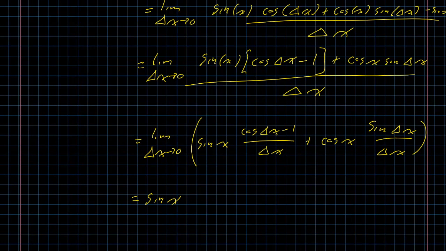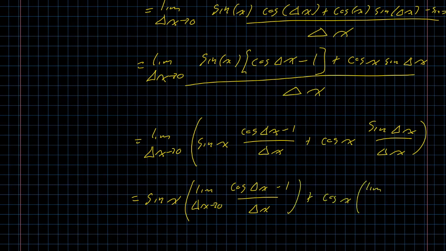Things that don't have delta x are constant with respect to delta x, and can come right outside of the limit. So we're looking at the limit as delta x goes to 0 of cosine of delta x minus 1 all over delta x. And then we're looking at the limit as delta x goes to 0 of sine of delta x all over delta x.